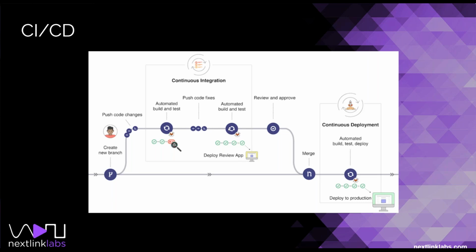At some point, the user's going to decide, or the team's going to decide, that this set of changes is ready to be deployed into production. At that point, it would be merged, and the team would go ahead and enable the continuous deployment aspect, where it actually deploys to production. This is a really common pattern we see often.